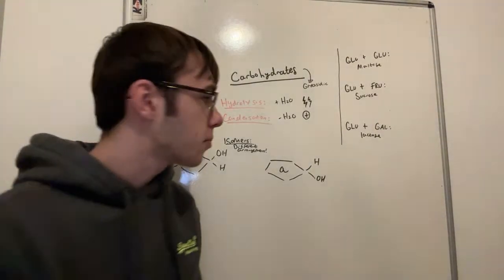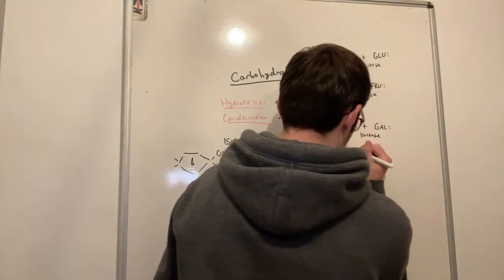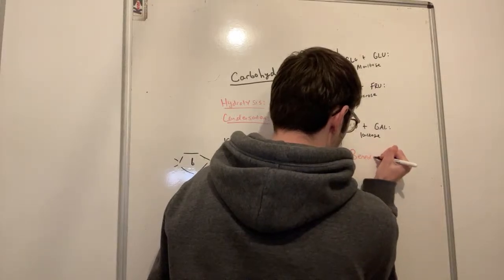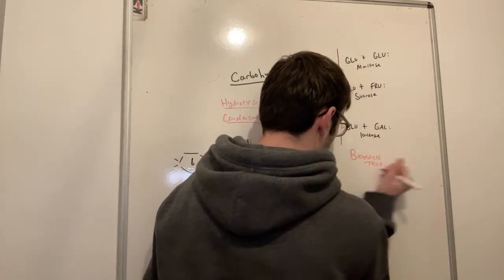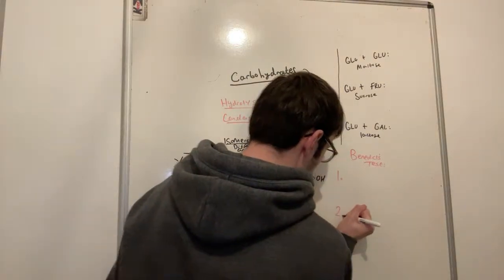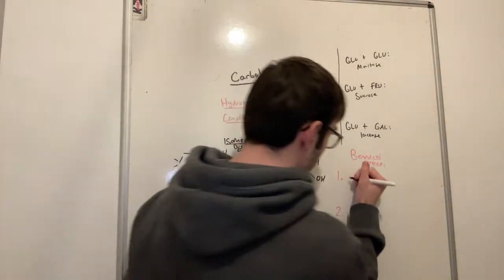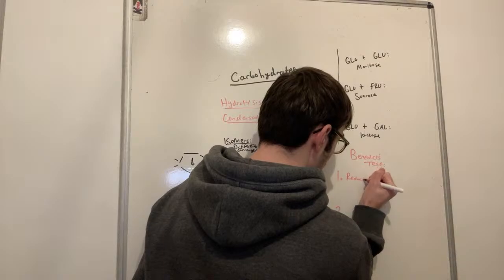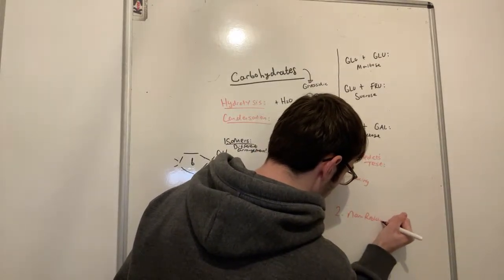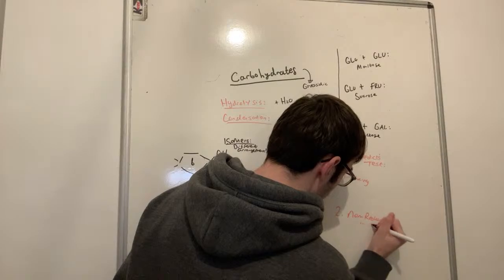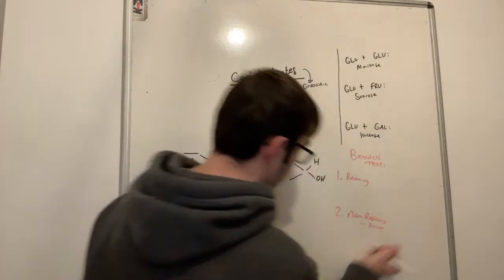We can quickly talk about the Benedict's test. There's two types. Type 1 is for reducing. Non-reducing, i.e. sucrose, I think is one.